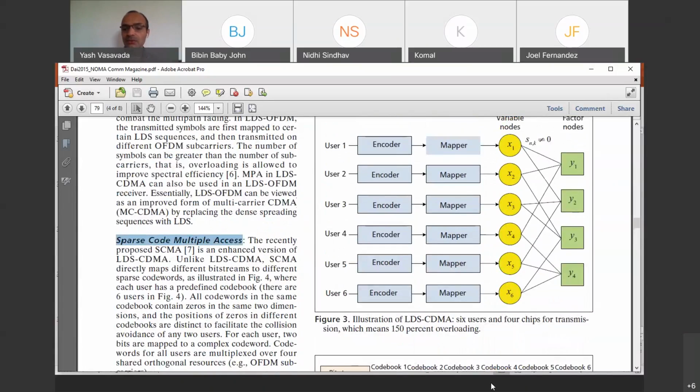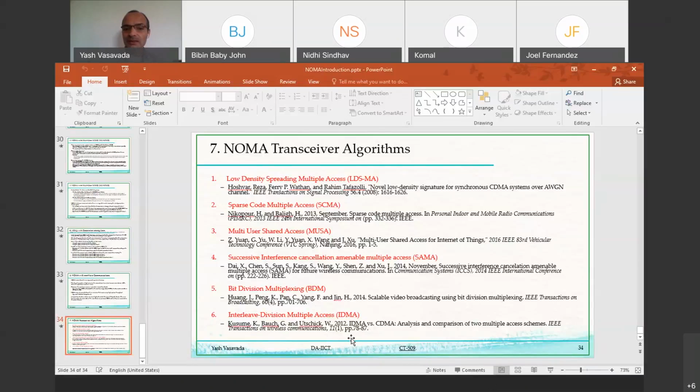Okay, so a lot of these NOMA techniques, if not all of them, I would say many of them, the way they actually make use of channel coding is by leveraging some of the ideas of this type of graphical structures that we were just looking at.